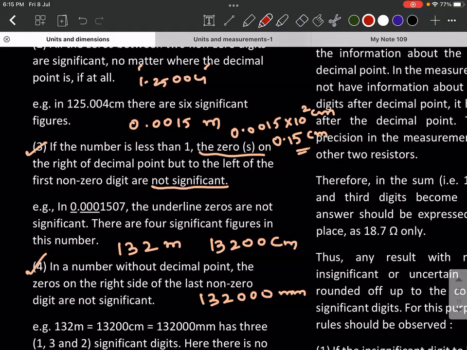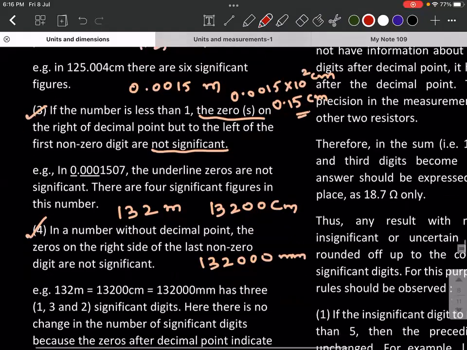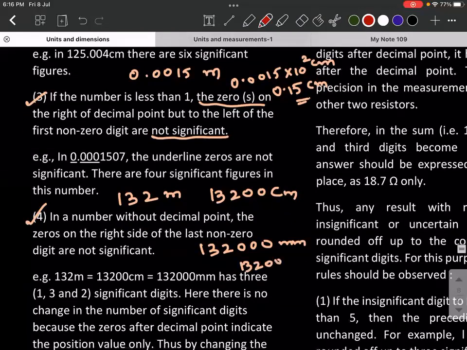No, because you are adding those zeros only because you are converting from one system to another. For example, the first case is an SI system or MKS system, then you are converting it to a CGS system. When you do this change, it is 132 that is important for me, not those two zeros. For example, had the reading been 132001, now will those zeros be significant?